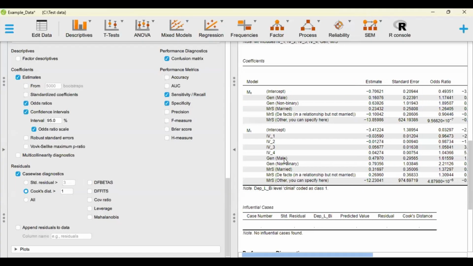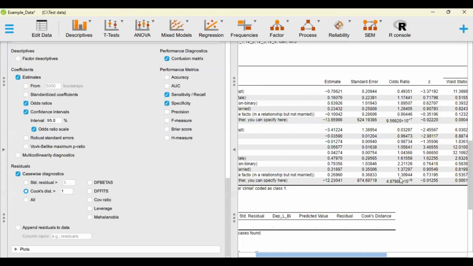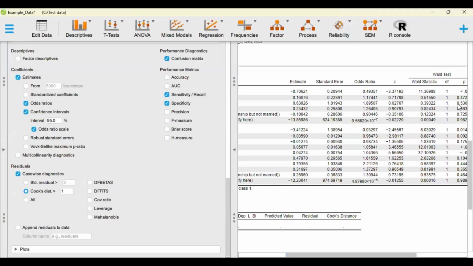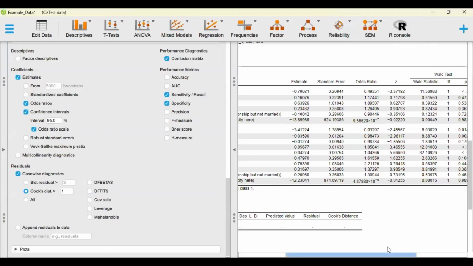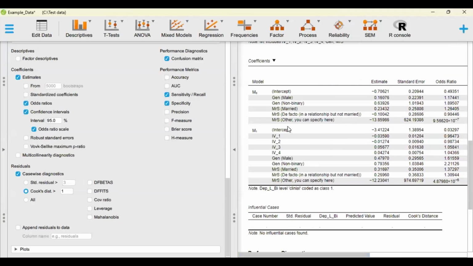But if I want for any reason to interpret that, I can say that, for example, non-binary gender compared to female gender can have a significant result. When I compare non-binary gender to female gender, if it is significant, that means that it is a significant confounding variable, a significant individual difference between those who have non-binary gender and those who have female gender identity in these levels of depression.